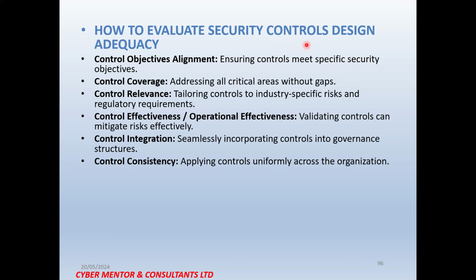Is it consistently applied? I'm not talking about frequency now. I'm talking about whether it is uniformly applied across the organization, or is one department applying a control different from what another department is implementing? If that is the case, there's no consistency.